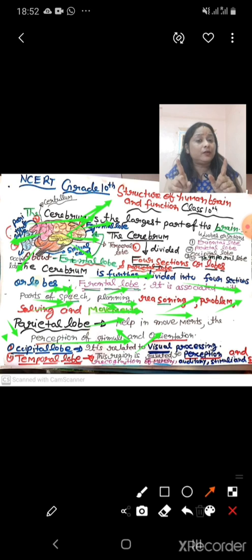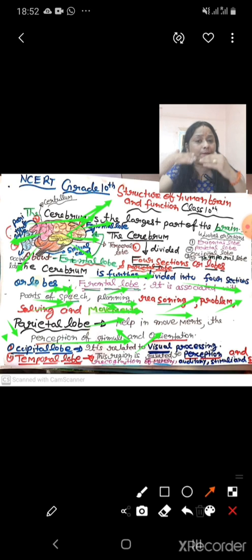The main function of the occipital lobe is that it is primarily responsible for vision. Vision depends upon the occipital lobe.